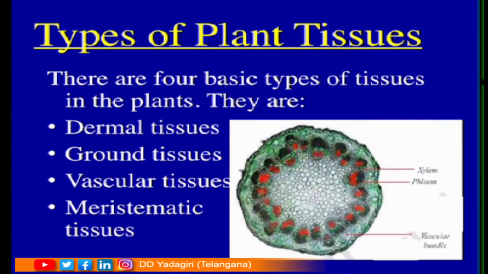So, here you can see in this picture, children, so many tissues are organized in a systematic manner. This is a stem cutting from a plant. To understand the detailed structure of the tissues and the types of tissues, we have to visit our laboratory, take out the permanent slides from the slide box, and mount them under the microscope to understand.